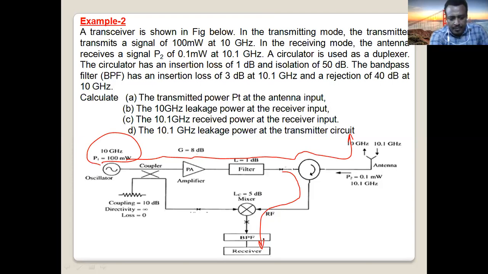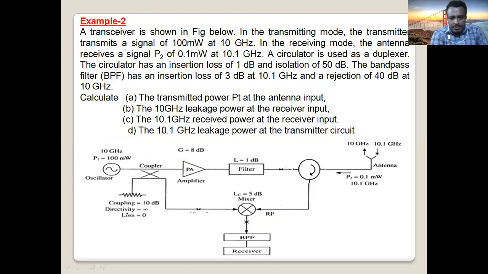Otherwise, this high transmitted power from our own transmitter, instead of going to the antenna, the antenna will transmit, but there is also this signal: our own transmitter signal comes to the receiver. We don't need this 10 gigahertz. This receiver is designed to receive what? The incoming signal, 10.1 gigahertz, from the antenna side to come to the receiver.